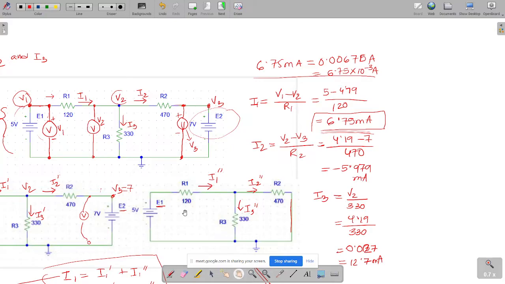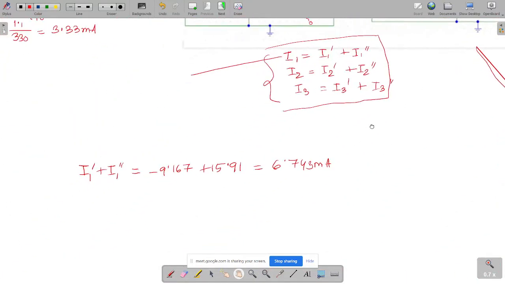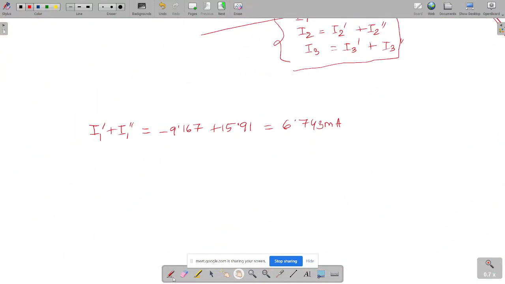So there is a slight deviation. That's not an issue, there might be certain slight deviations. So it can be written as equivalent to I1, because I1 was about 6.75, and what we have found here is 6.743. So it is basically equivalent to I1.